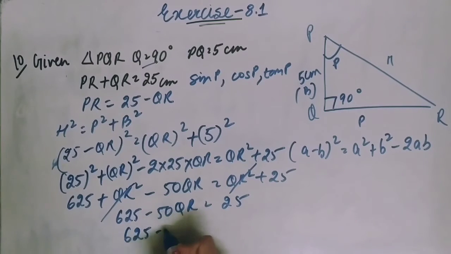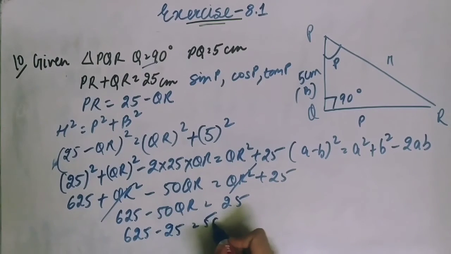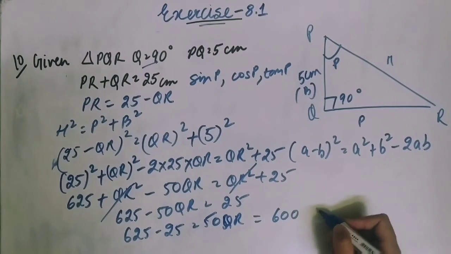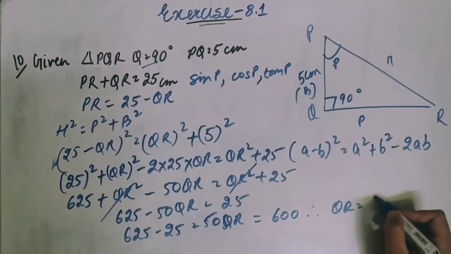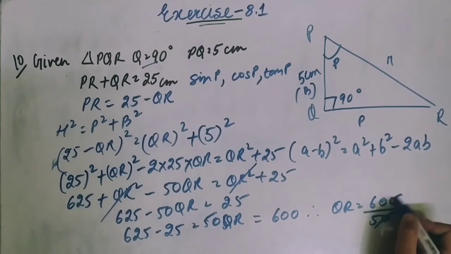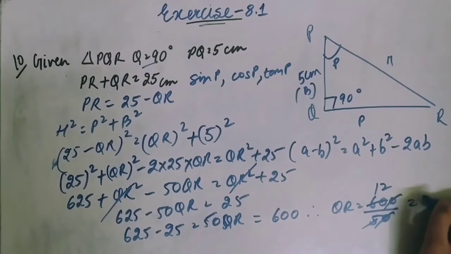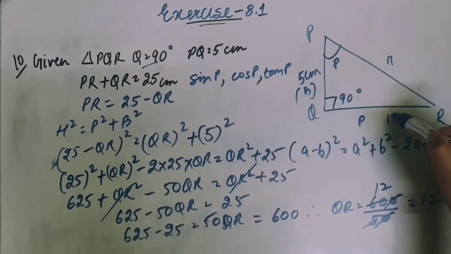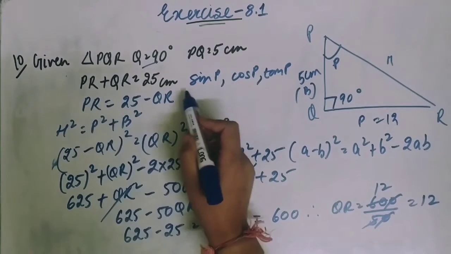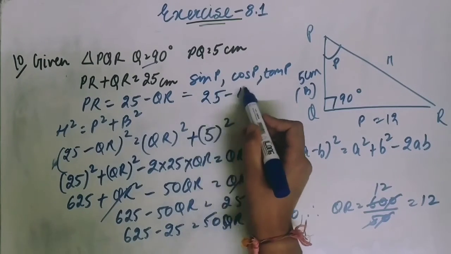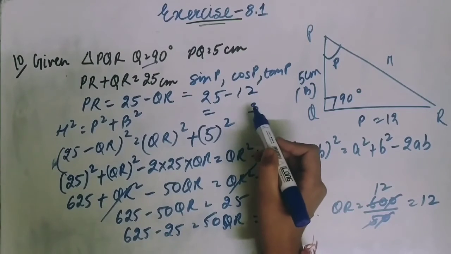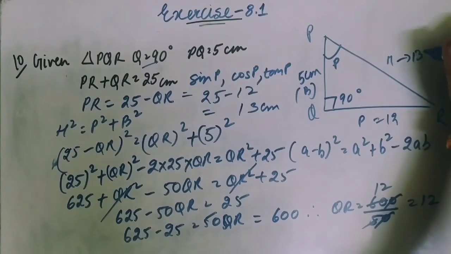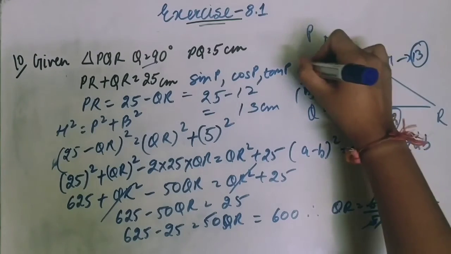So 625 minus 25 is equal to 50 QR. This will be equal to 600. Therefore, QR will be 600 divided by 50, which is equal to 12. So our QR will be 12. So PR will be 25 minus 12, which is 13 centimeter. So this will be 13 centimeter, and this will be 12, and this will be 5.